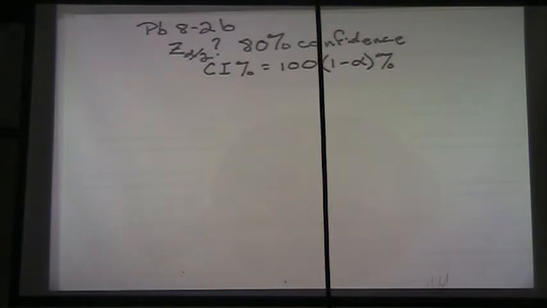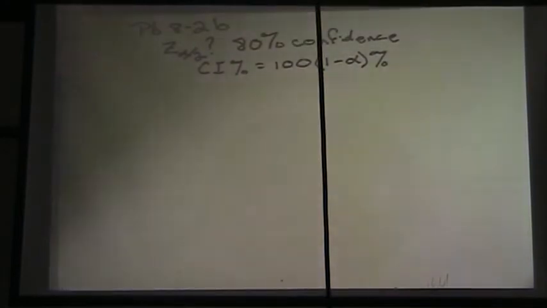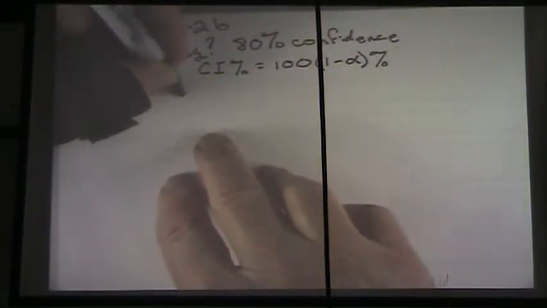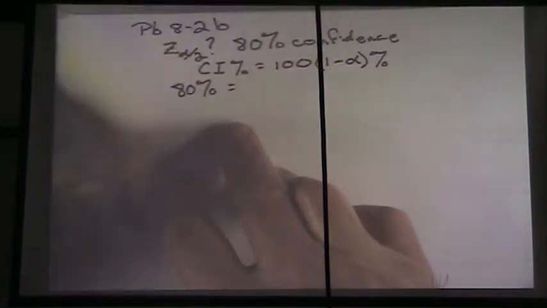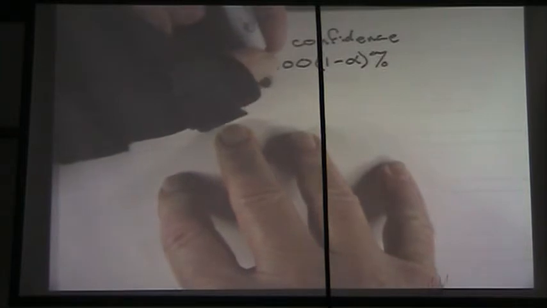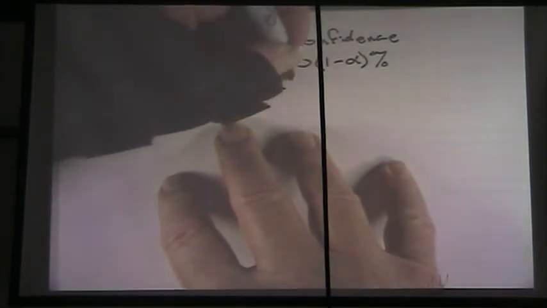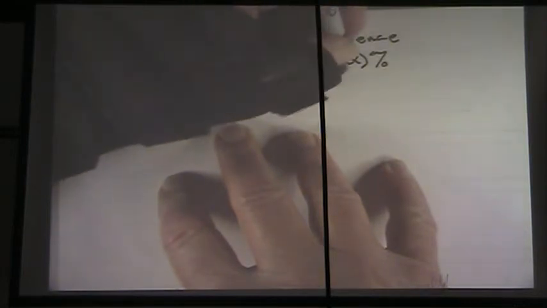We are going to substitute our 80% confidence number into that equation. So 80% equals 100 times the quantity 1 minus alpha percent.